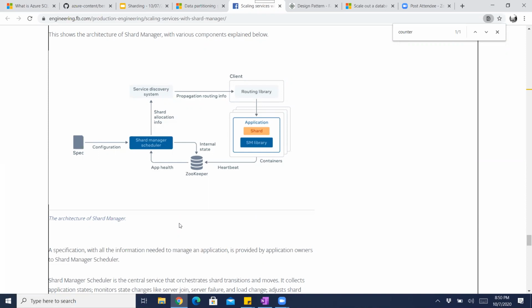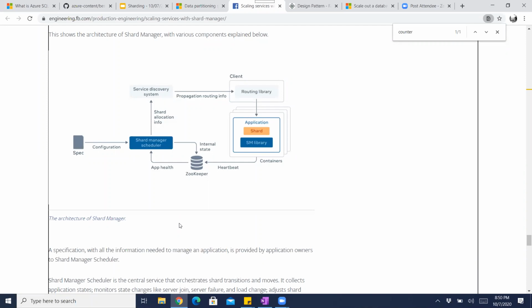Anyone? Okay, I can talk about a few things which come to my mind. One thing would be which machines those shards are on, so the IP addresses of those servers, and that is where they're keeping the configuration.